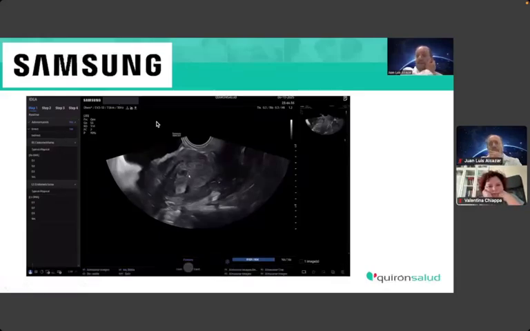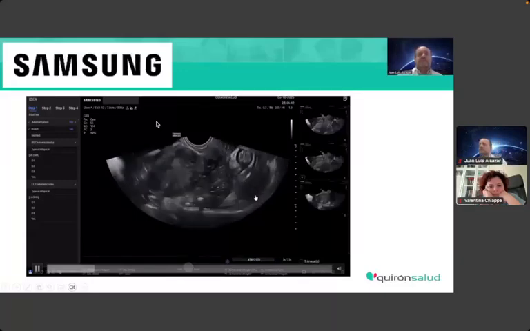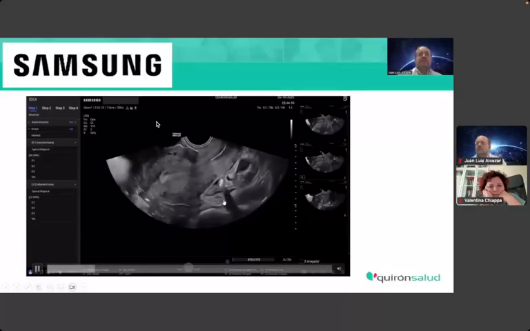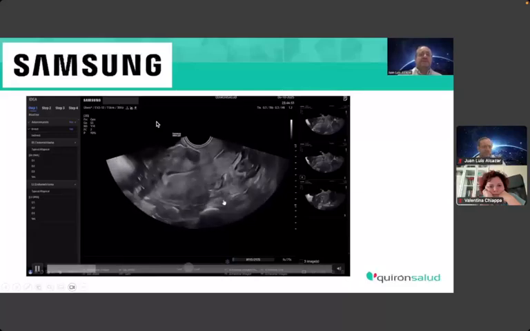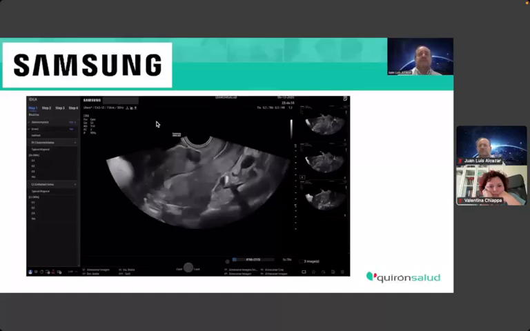Once more, another small lesion there, probably a hyperechoic area right there, or this other tiny myometrial cyst. You can measure and record all these lesions when you assess the uterus.